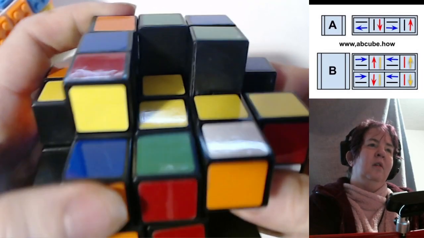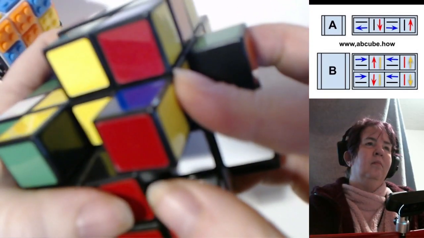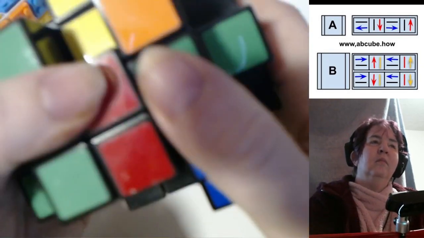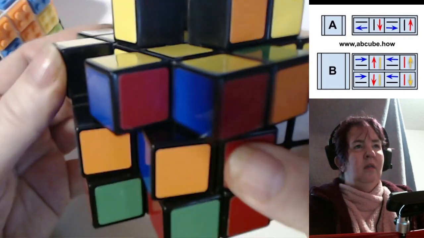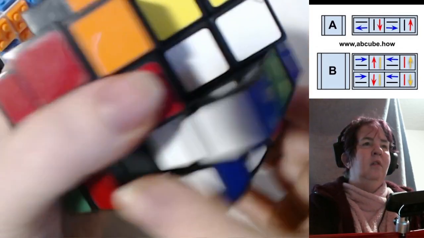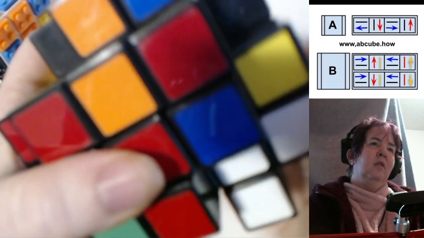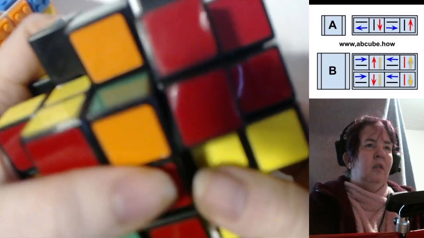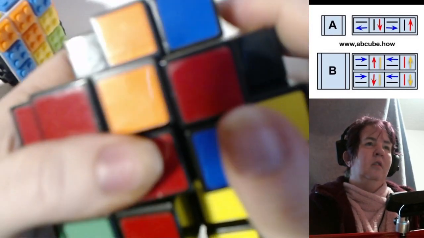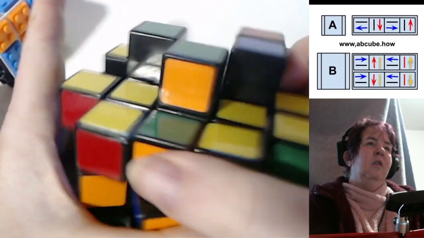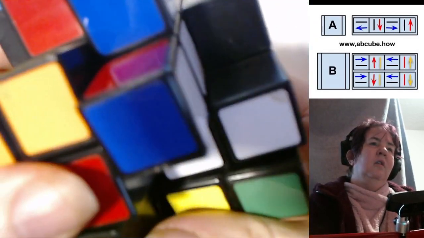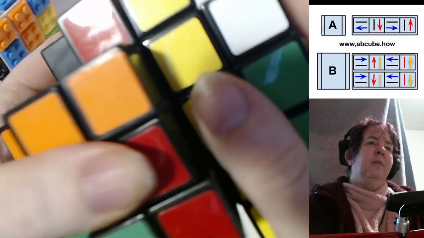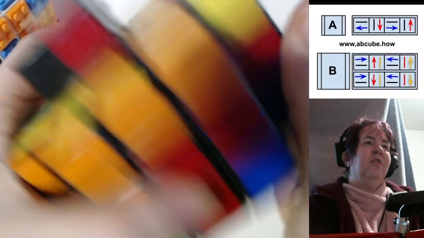Slide the top to protect the bottom. I'm actually doing the inverse because I'm lazy. And because of the mathematics of the cube, the bottom automatically reverts.